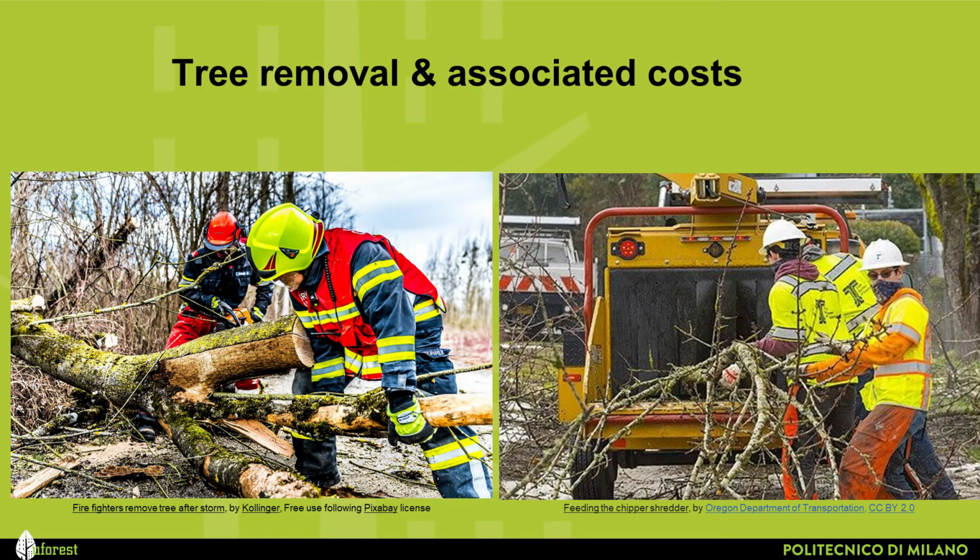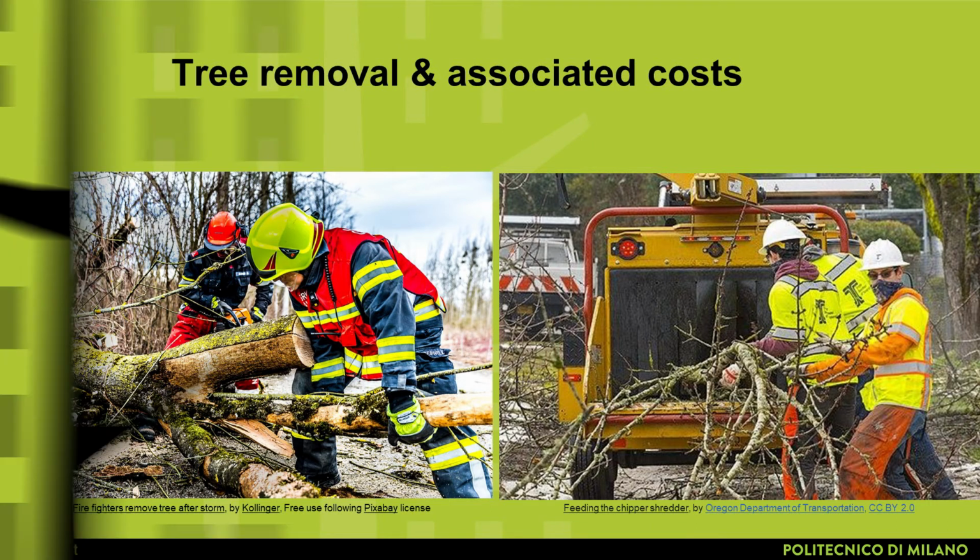So as you see in the pictures here, trees and branches that risk to become dangerous or that have fallen during or after a storm can generate high costs. Not only the green department who is managing the trees or the forest, but also emergency services like the fire department and the police, or infrastructure managing agencies such as the electricity grid company have to intervene sometimes after damage created by storms.